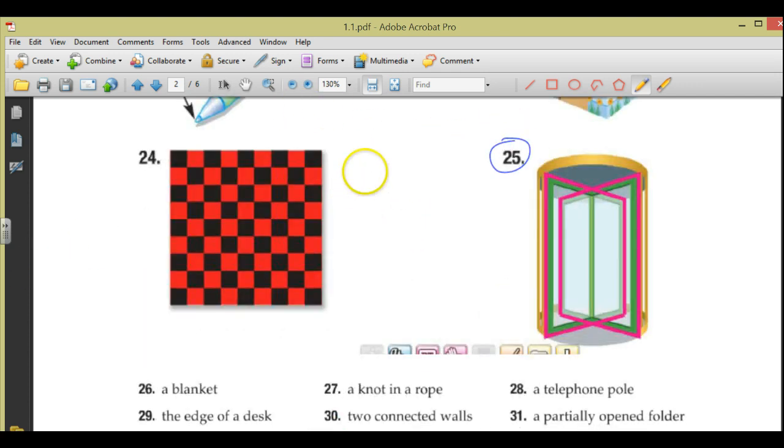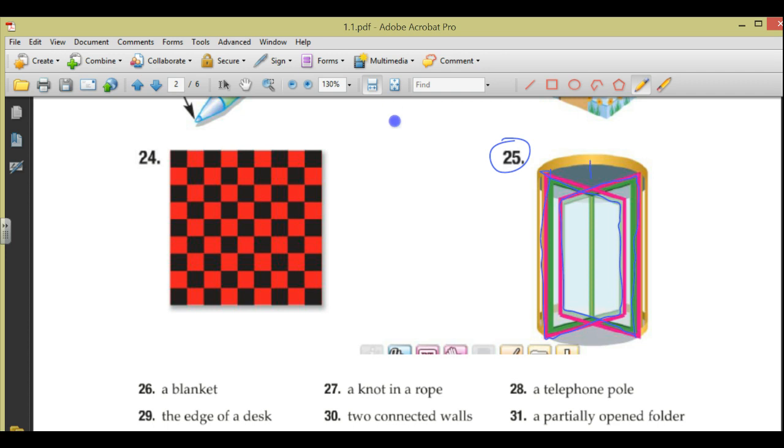For number 25, if we look at the pink object here and the other pink object, basically we have a plane here and a plane here.